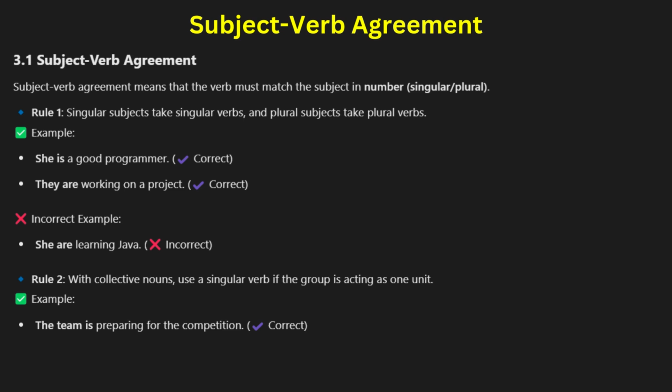The special cases include uncountable nouns, means "information is important", and collective nouns, "the team is strong". So mastering subject-verb agreement enhances the clarity and correctness in writing.